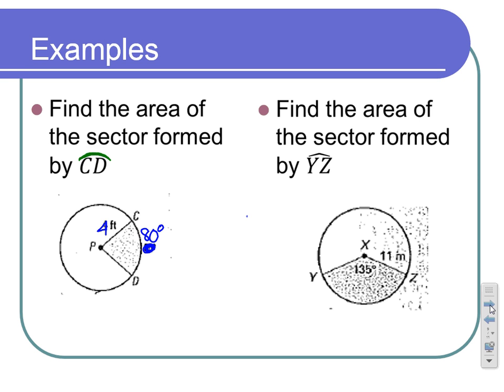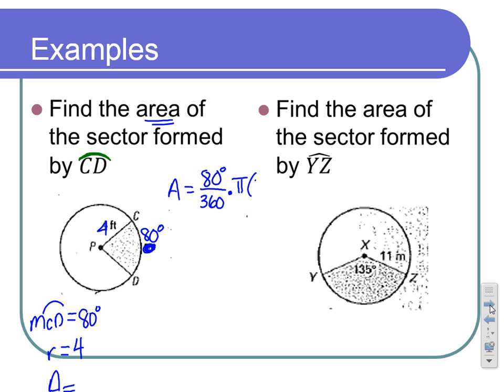So we know the measure of our arc is 80 degrees, and we know our radius is 4, and they want us to find the area. So I'm going to say my area is equal to my arc measure over 360 times, and now that I'm finding area, pi r squared. So pi times 4 squared.